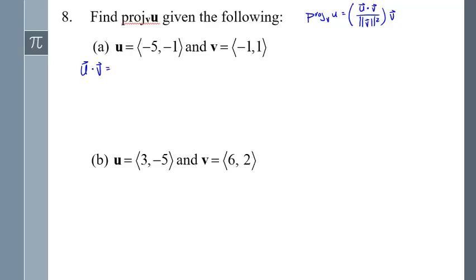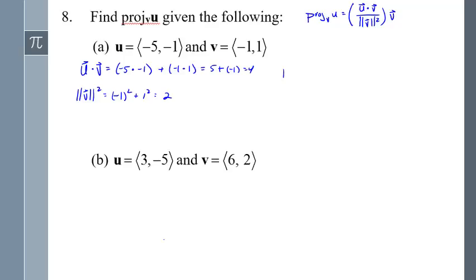So let's start by finding for a the dot product of u and v. Dot product, we just multiply the components, add them together. For this first one, I'll show you what we're doing. -5 times -1 plus -1 times 1, which is 5 plus -1, which is 4. The magnitude of v squared is just -1 squared plus 1 squared, which is 2.